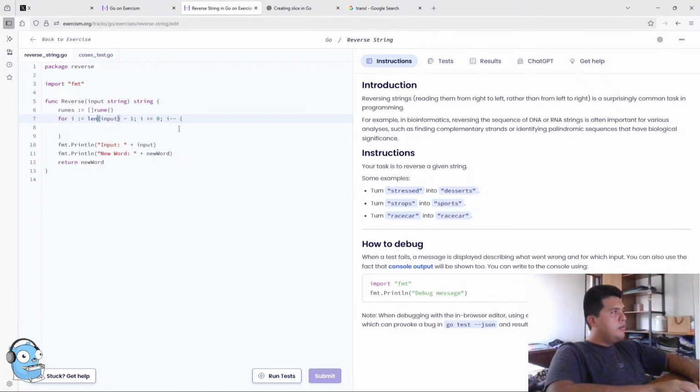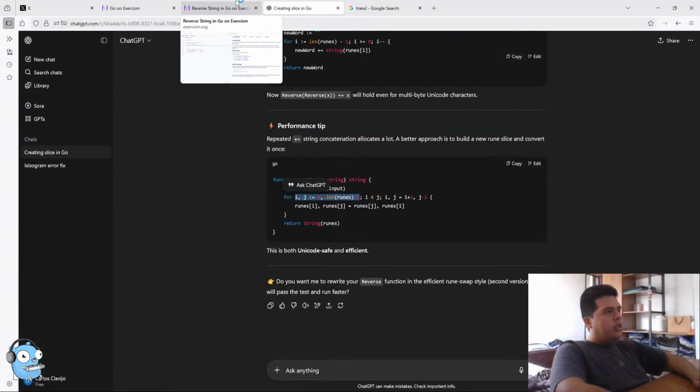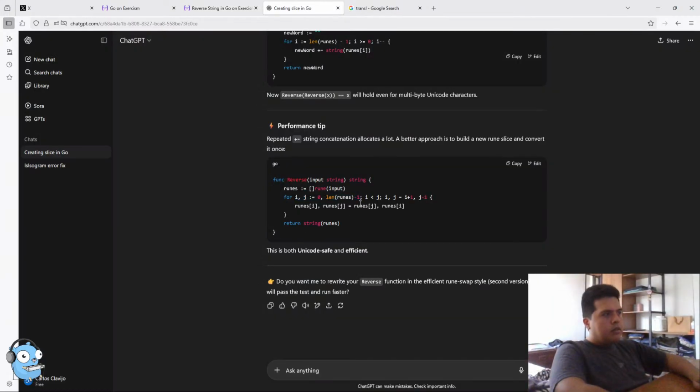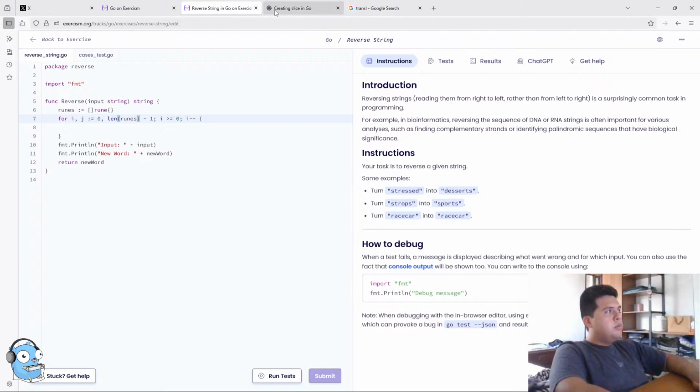From i equals... i, j equals to 0 and the length of runes minus 1. Okay, input.